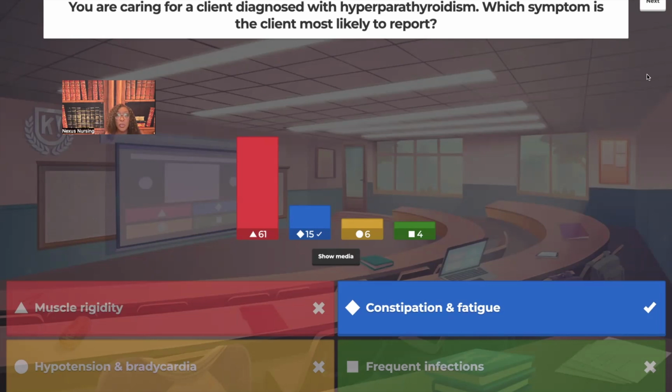There is a difference between the four. Make sure you know the clinical manifestations of each. Okay? Hypotension, bradycardia, we could see that in hypothyroidism. You could also see that in other disorders as well, but not hyperparathyroidism. We're talking about hypercalcemia. Frequent infections, we'd see that in what? Anyone that's immunocompromised.